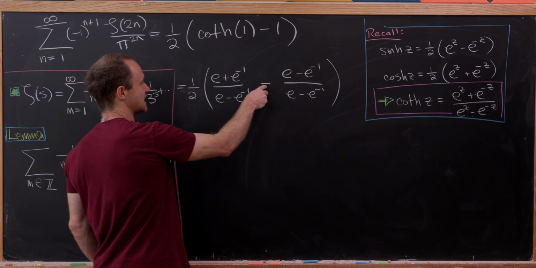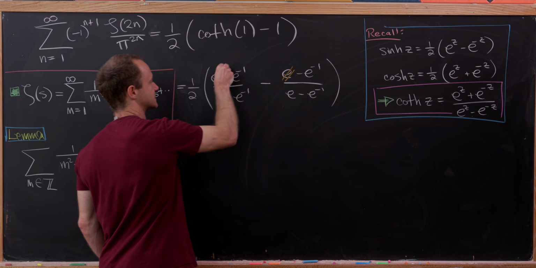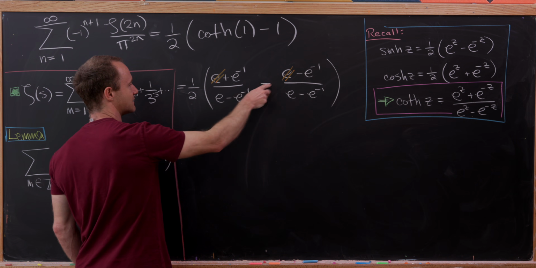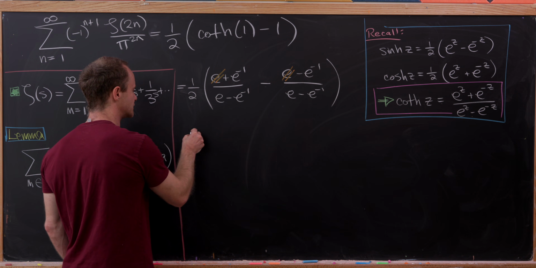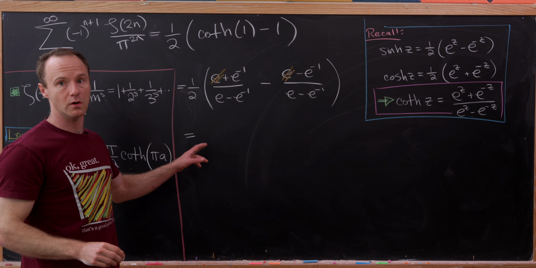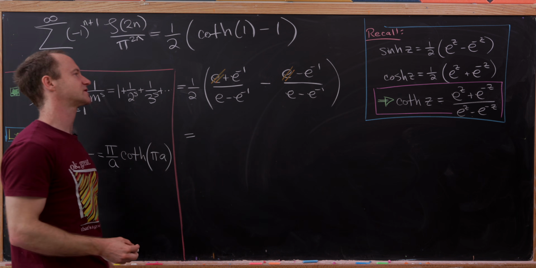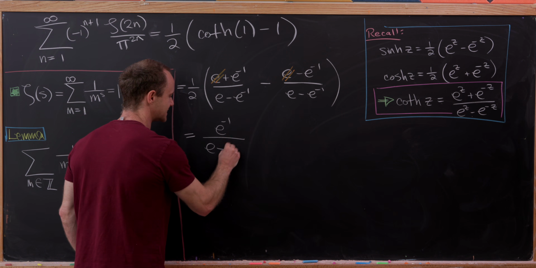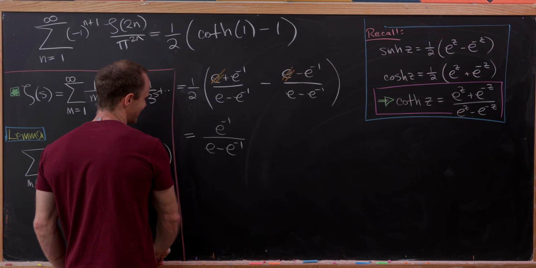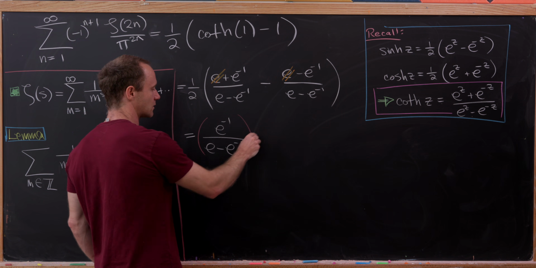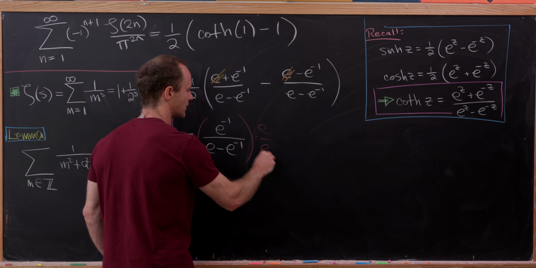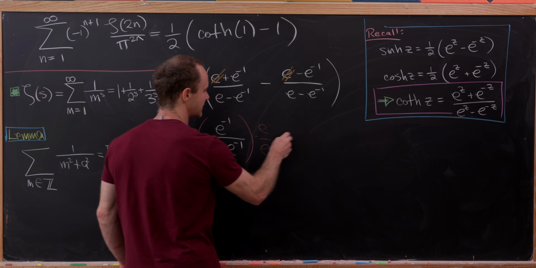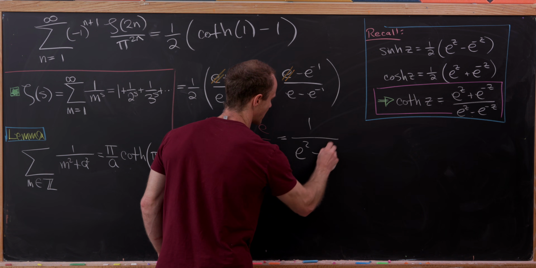So notice this e minus e will cancel, and we'll be left with e to the minus 1 minus e to the minus 1. Those will double up. Oh, but they'll double up and cancel this half, leaving us with e to the minus 1 over e minus e to the minus 1. But I think it's pretty alluring to take this and multiply the numerator and the denominator by e, leaving us with 1 over e squared minus 1.